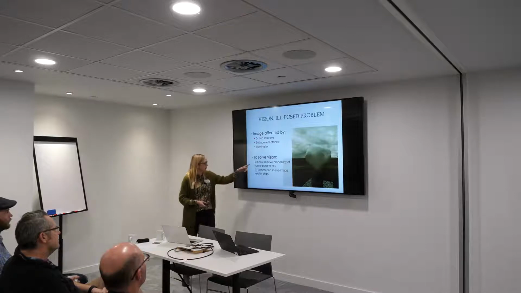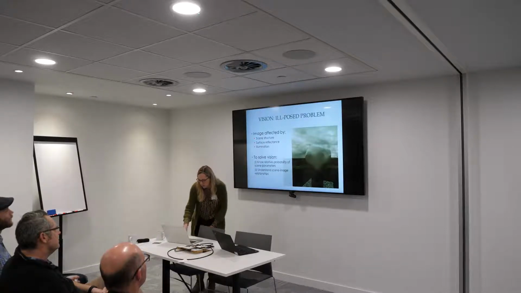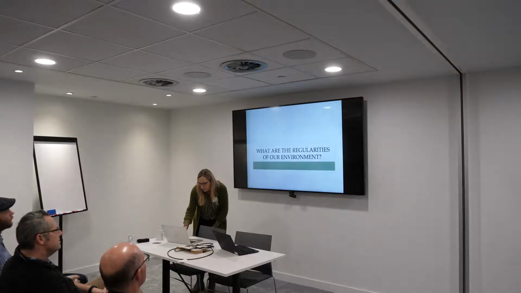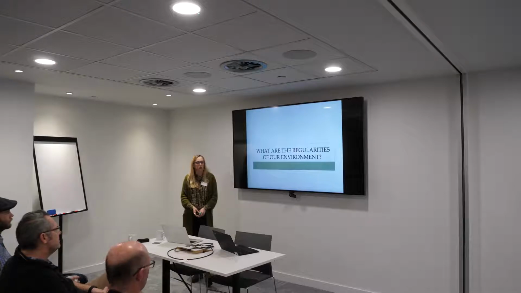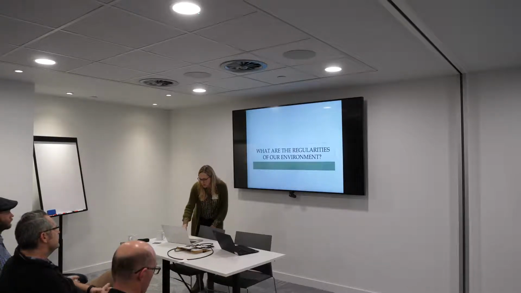So I'm going to focus more on part one, and then James is going to cover some more things for part two. So what are some of the regularities of our natural world that we might learn and then build into how human visual processing works?